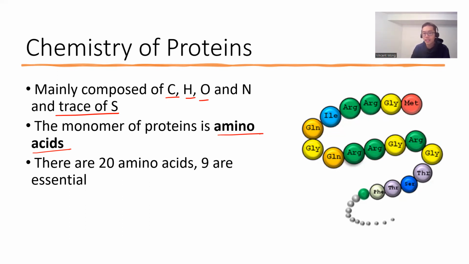There are 20 amino acids that exist in the body. 9 of them are essential. Does anyone remember what essential means? I told you a few slides ago. The body cannot produce it. Very good, exactly, Fatima. You cannot produce it. So the only way to get these 9 essential amino acids is to eat them.